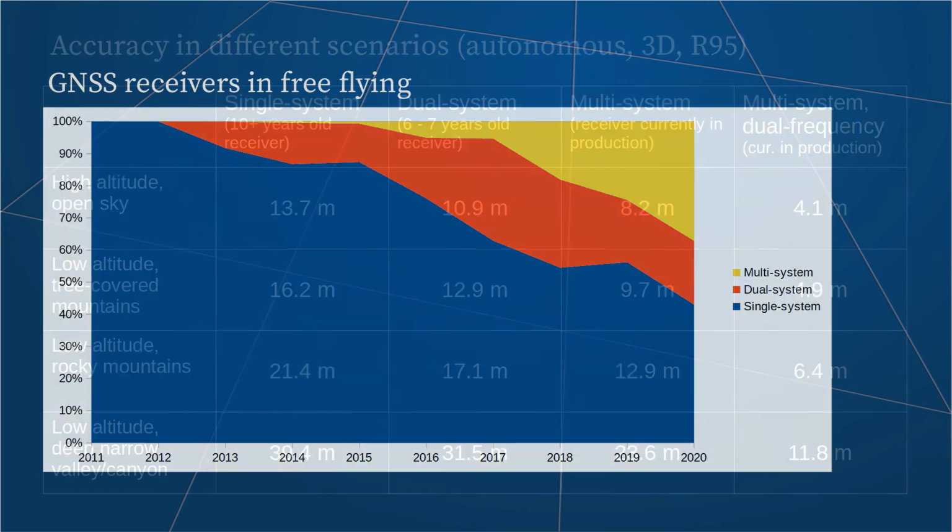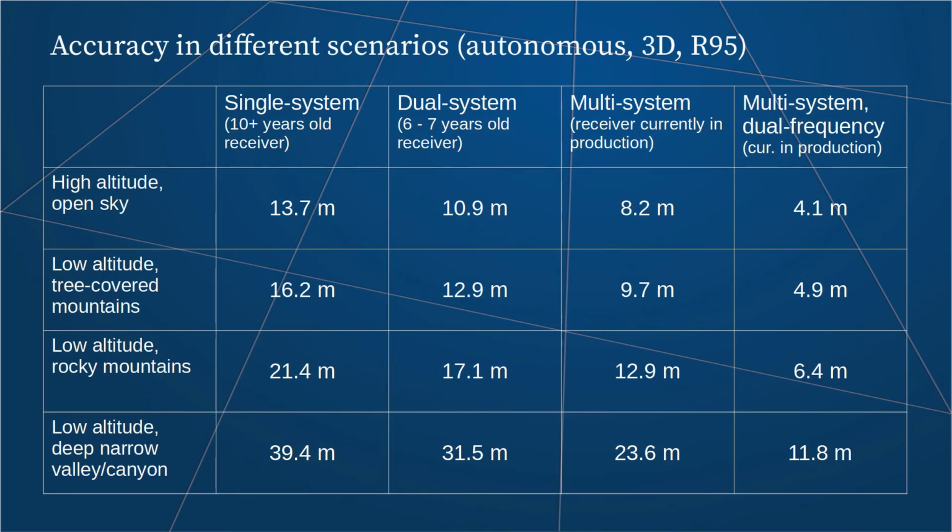Okay, let's see what accuracy can be expected from different receiver types in different conditions. I chose 4 different conditions. First is high altitude and open sky. So there is nothing obstructing the satellites in view and there is nothing nearby to reflect the signal.